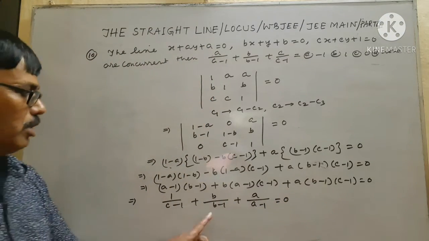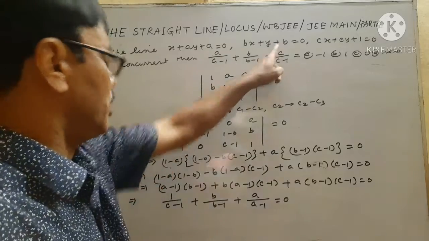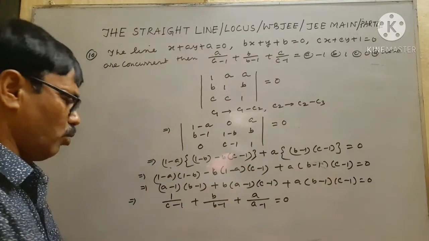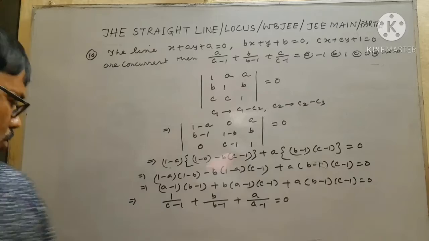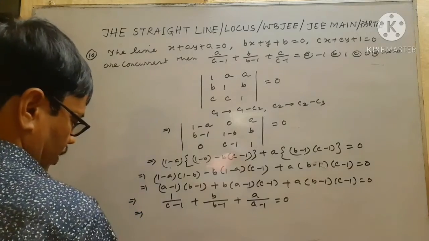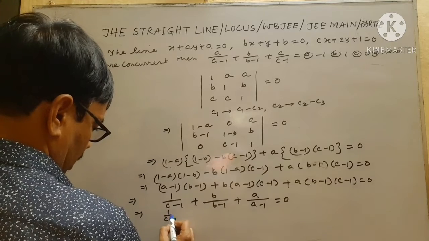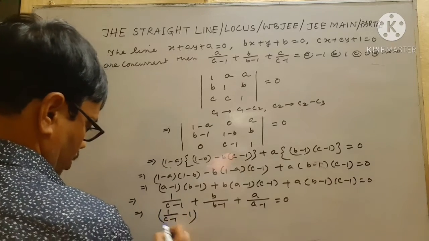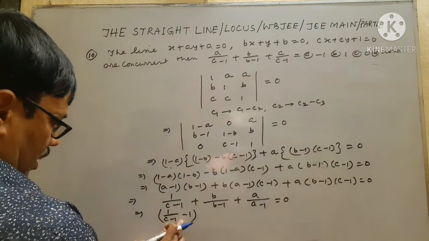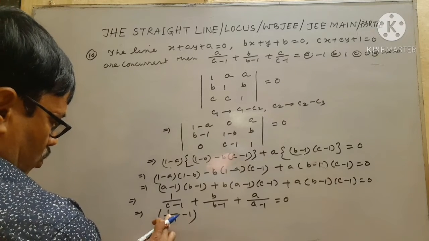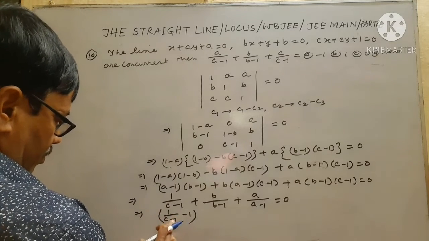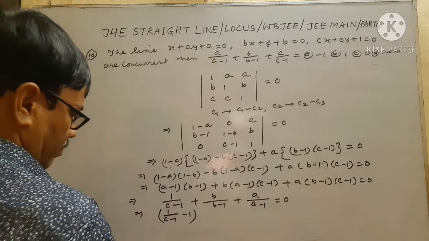Now these two terms are the same. This is c by, but it is 1 by. So to get c by, if we take 1 minus (c minus 1) minus 1, suppose this one, so 1 minus c, 1 minus c plus 1.